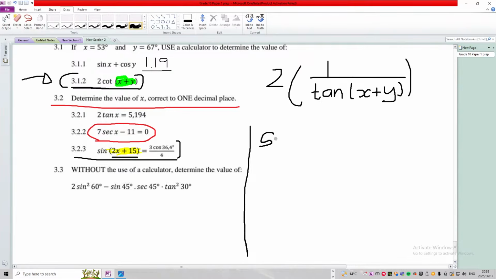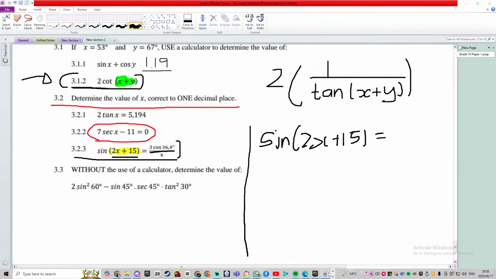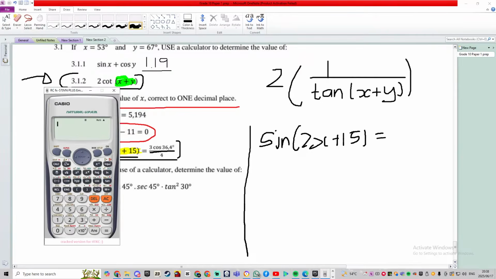Okay, so I have sine 2x plus 15. Now all of this here, there's 3 cos 64, 4 over 4. I'm just gonna put that in my calculator because I can. Okay, so 3 cos 36, 4 over 4.